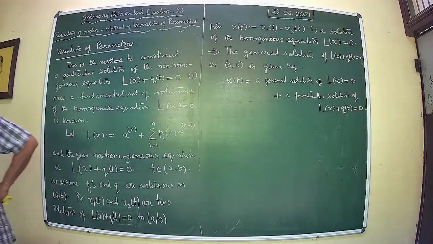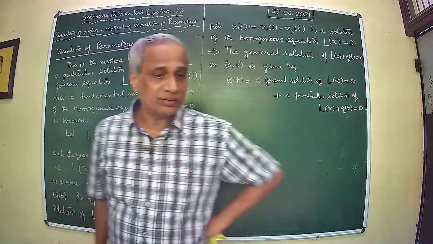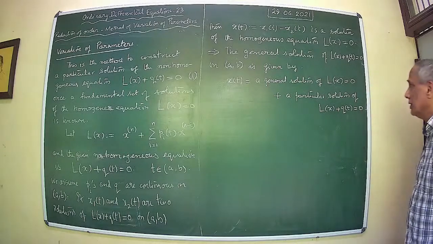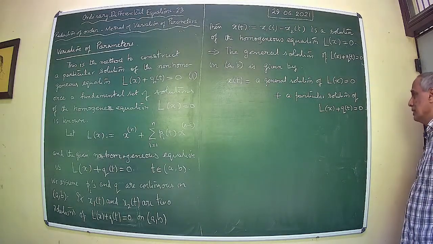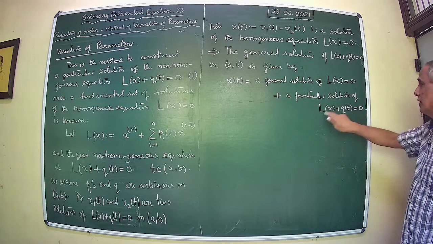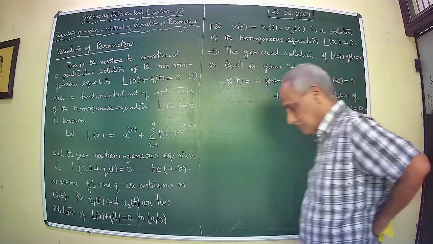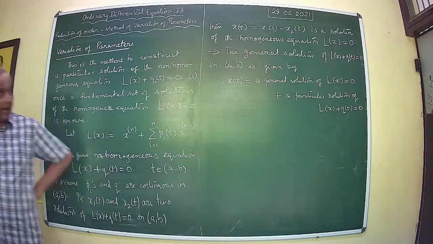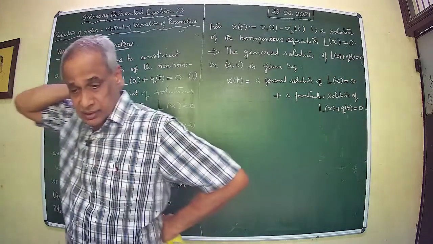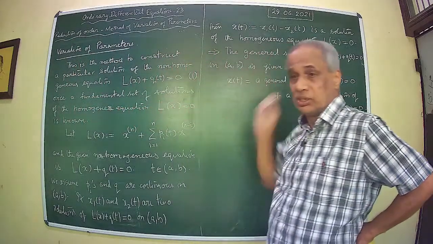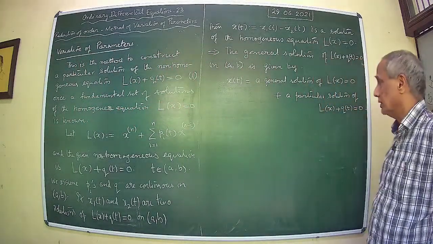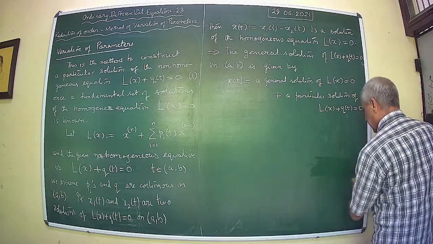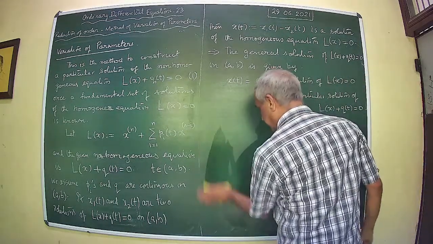So, you know, this is an nth order inhomogeneous equation. So, the general solution of the inhomogeneous equation is then given by a general solution of the homogeneous equation plus a particular integral or a particular solution of the inhomogeneous equation. Okay, so that is what we have obtained.